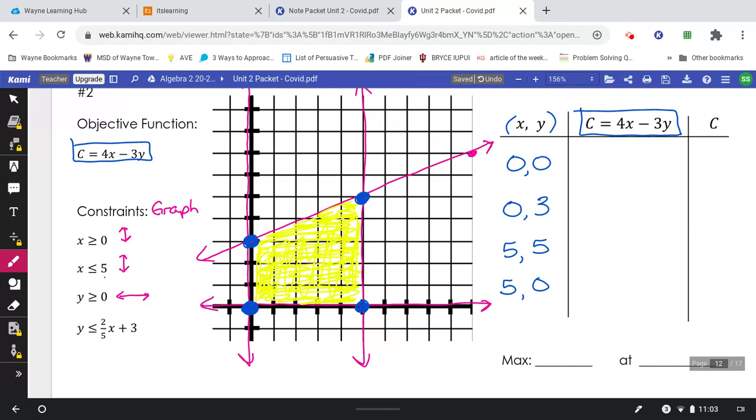Then you're going to very carefully plug each one of these in to the x and the y.